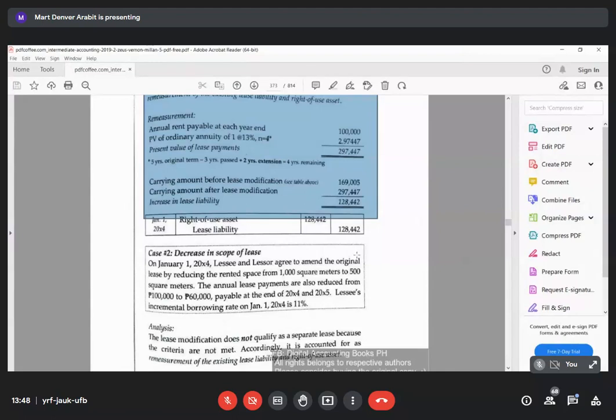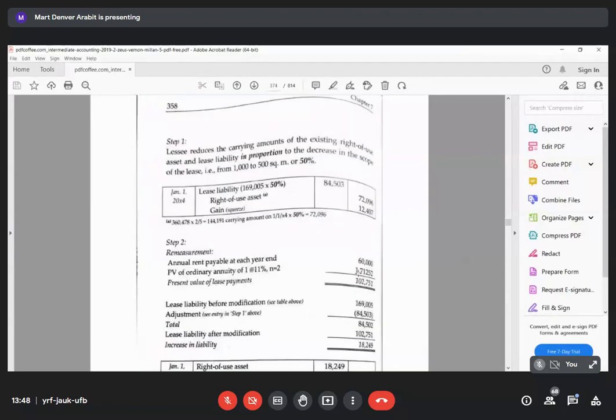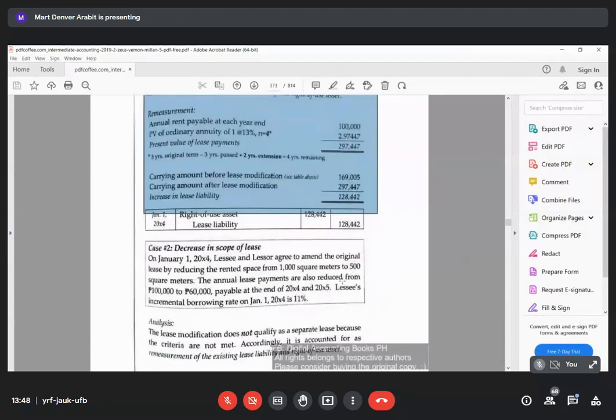The lessee's incremental borrowing rate on January 2024 is 11%. So again, it is not a modification as a separate lease, because the criteria are not met.